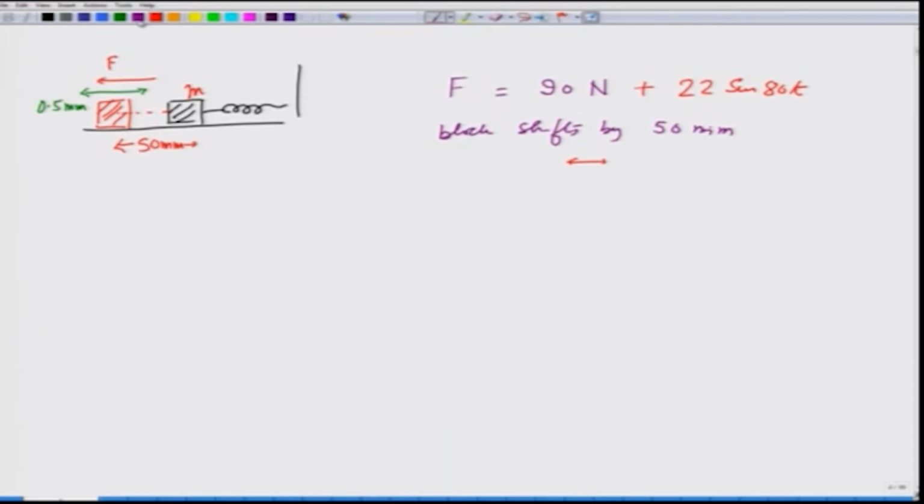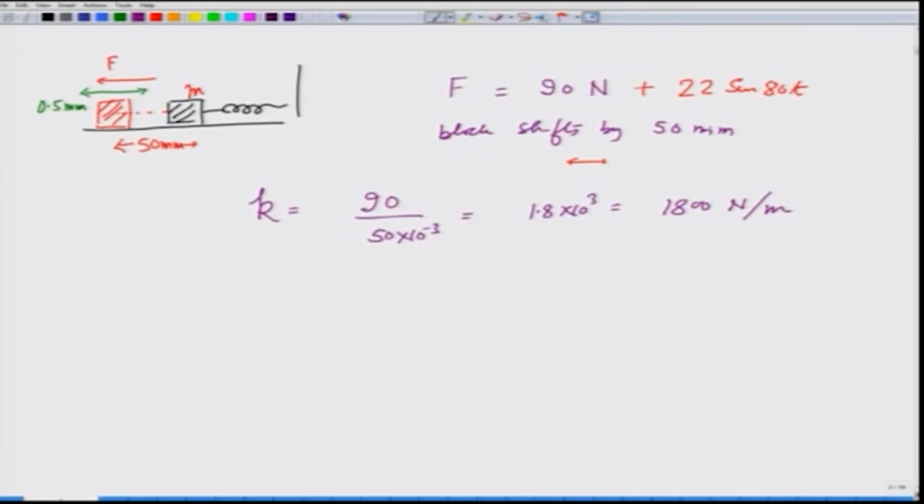So, first thing we can say right away that the spring constant is going to be 90 divided by 50 times 10 raised to minus 3, and that is 1.8 times 10 raised to 3, or 1800 Newton per meter. I will also be doing it mathematically rigorously.